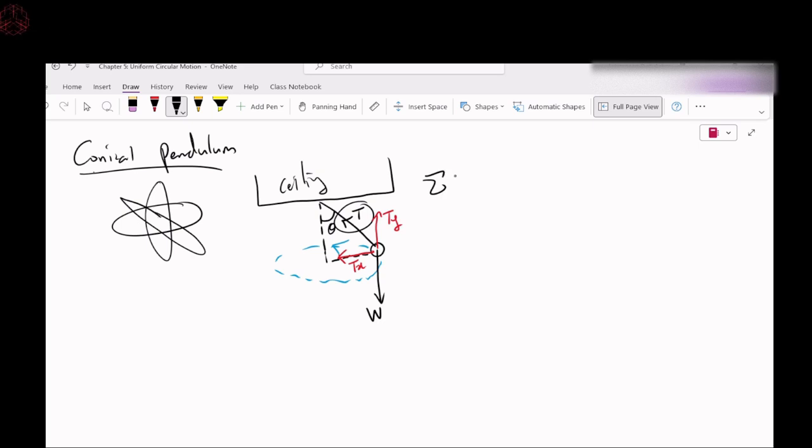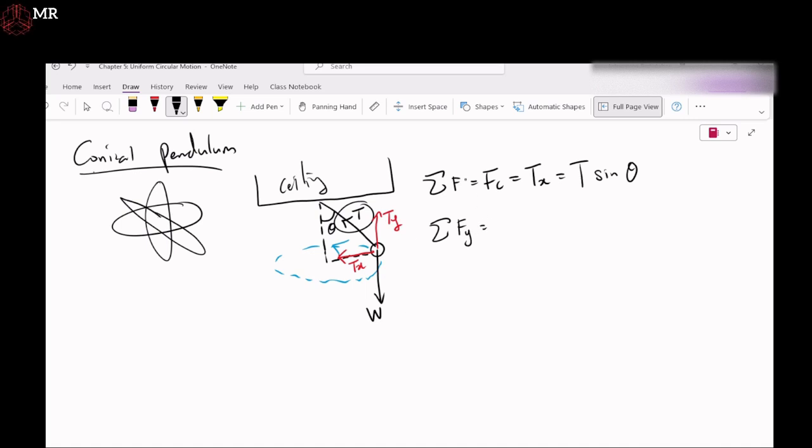So I can say the summation of F, which gives me Fc in the direction towards the middle, I will have Tx, which is just T sine theta. But of course, I won't be able to find out what T or Tx is if I don't have Ty. Here I can apply Newton's law, summation of F in the y direction.